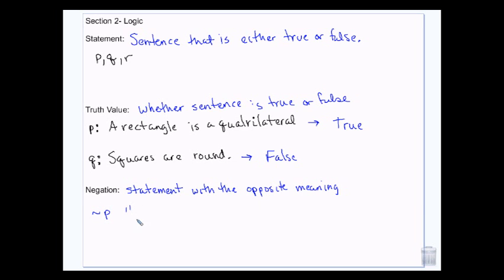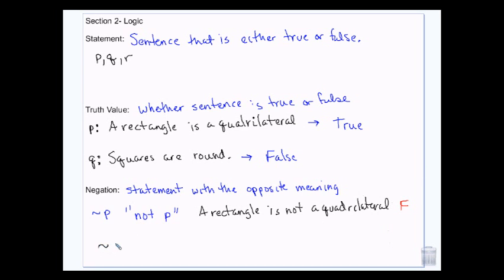And when you read this, you read it as not P. So I have P and I have not P. And not P would be a rectangle is not a quadrilateral. Okay. P was true, so not P is false.